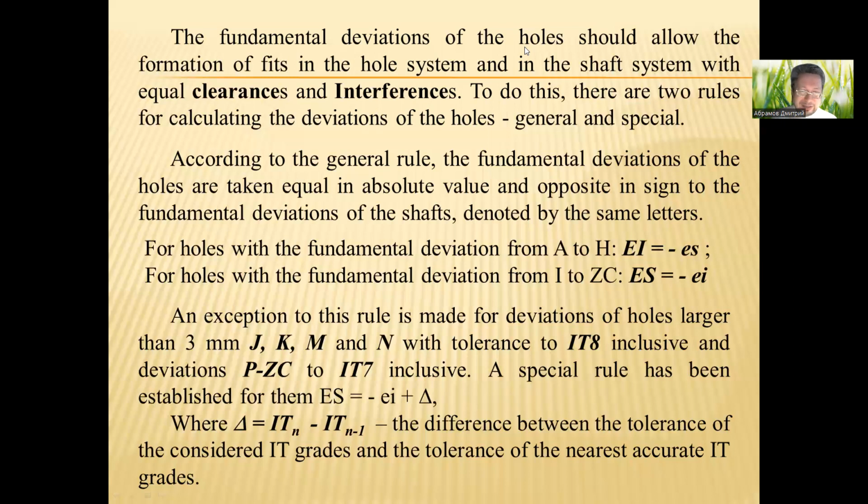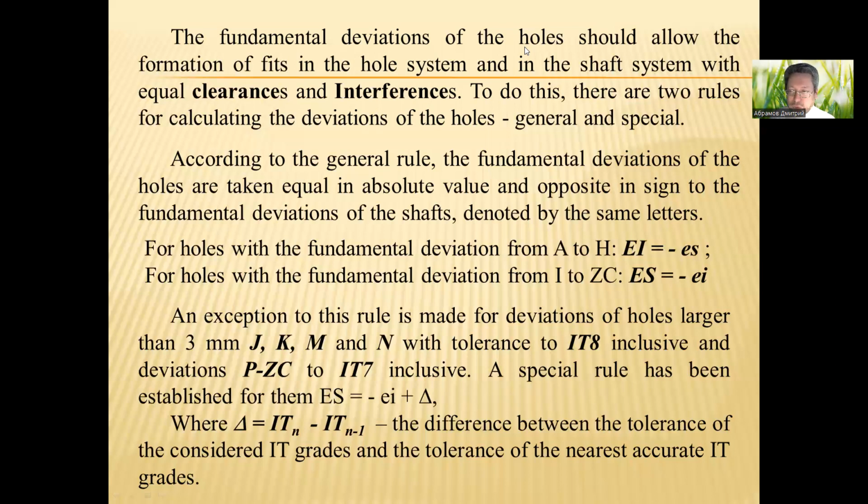An exception to this rule is made for deviations of holes larger than 3 millimeters: J, K, M, and N with tolerance up to IT grade 8 inclusive, and deviations from P to ZC up to IT grade 7 inclusive.